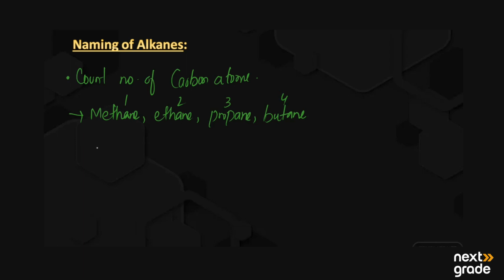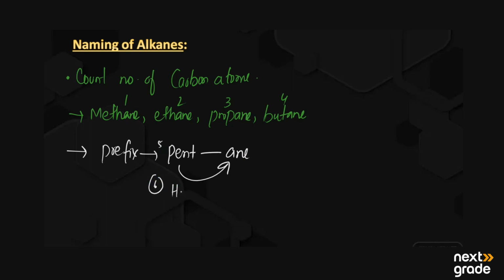For the next ones, if we have a higher number of carbon atoms, then we add prefixes. For 5 we add pent, and then ane, so we get pentane. If we have six carbon atoms, we add hex, and if we have 7, we add hept.